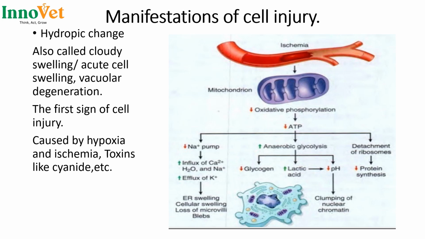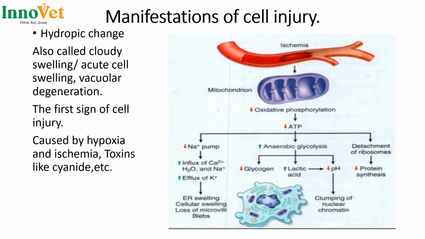But it is all to do with water influx into the cell, and it is the first sign of cell injury. It is caused by hypoxia, ischemia, toxins like cyanide.